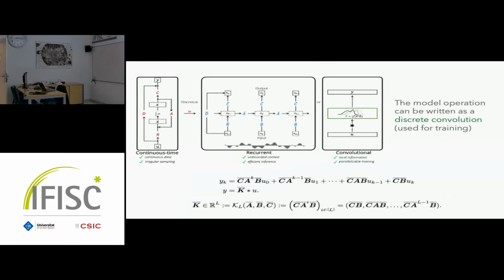But for the training, like I said, you can create an equivalent, very big kernel, let's say, of the equivalent calculations. And very interestingly, what you have to do here is calculate the powers of this discretized A matrix.